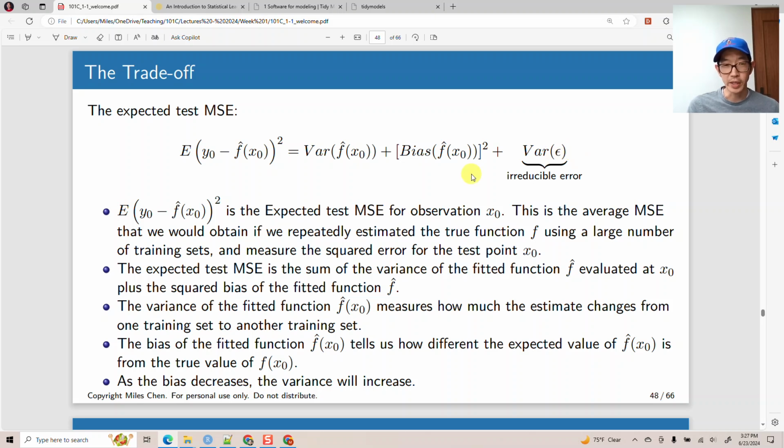So if you have greater variance, that could reduce your bias, or if you have greater bias, that could reduce your variance.